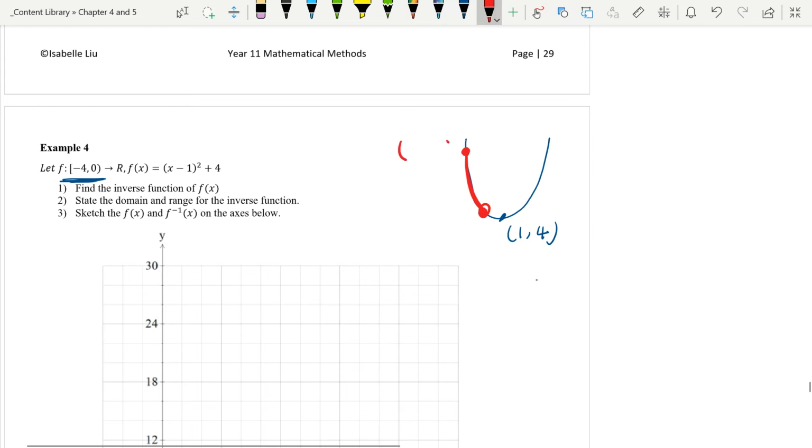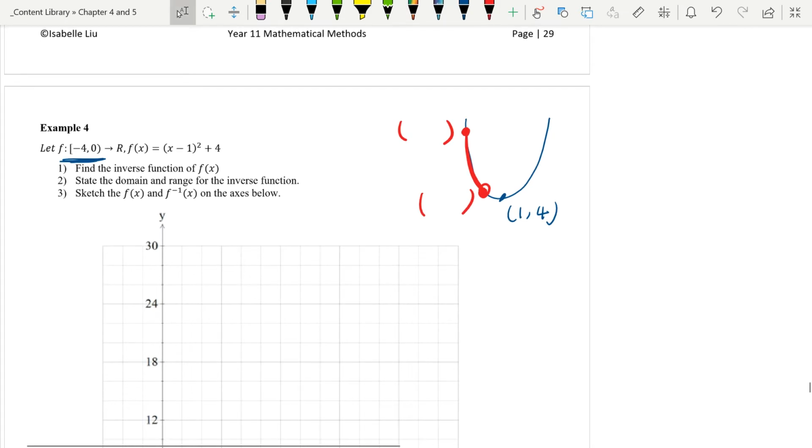So what you need to do is to find the coordinates of those 2 points as well. Okay, so what I need to sketch on the Cartesian plane is the red part with the correct closed circle or open circle, and I need the coordinates. I need the exact place of it.